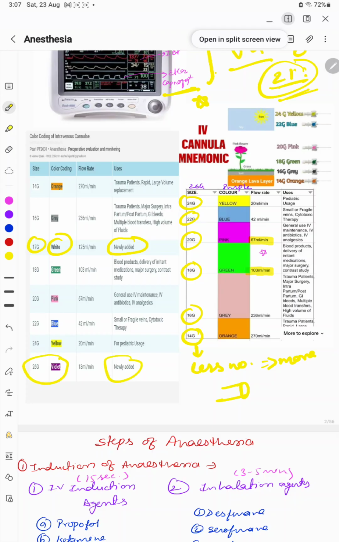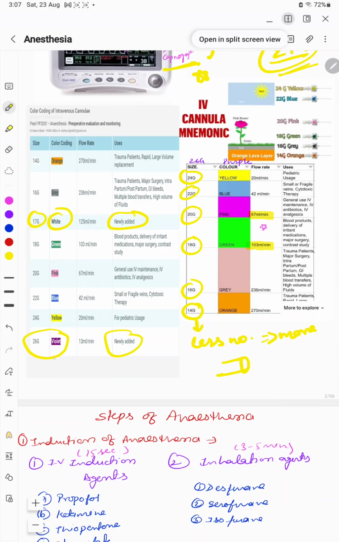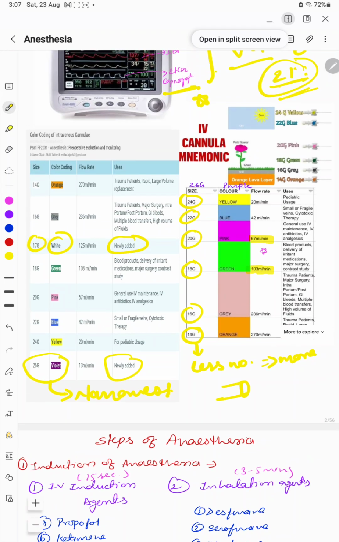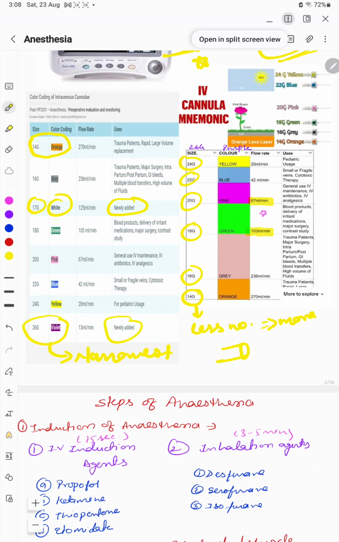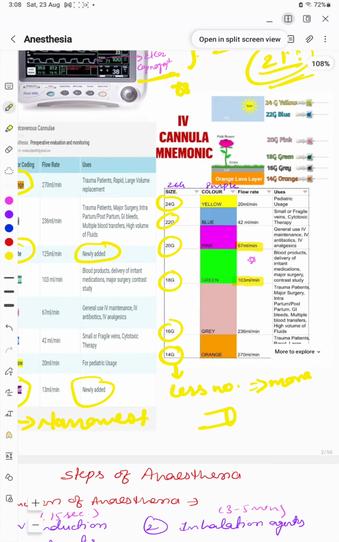This is newly added. Now when they ask which is the narrowest, the narrowest is violet, and the widest is orange. You need to remember this. You don't need to remember the size or the flow rate, as they didn't ask flow rate.